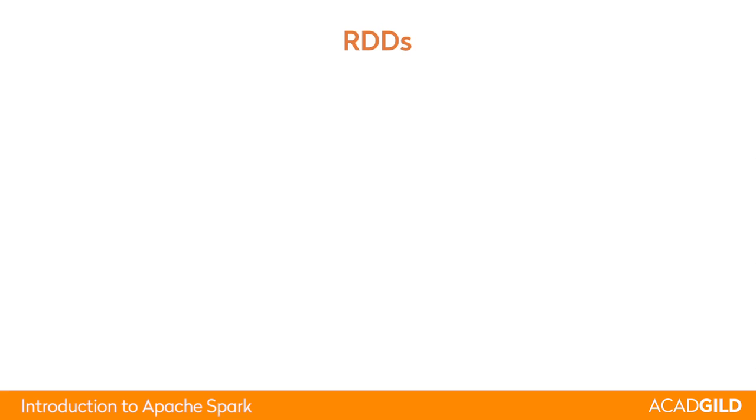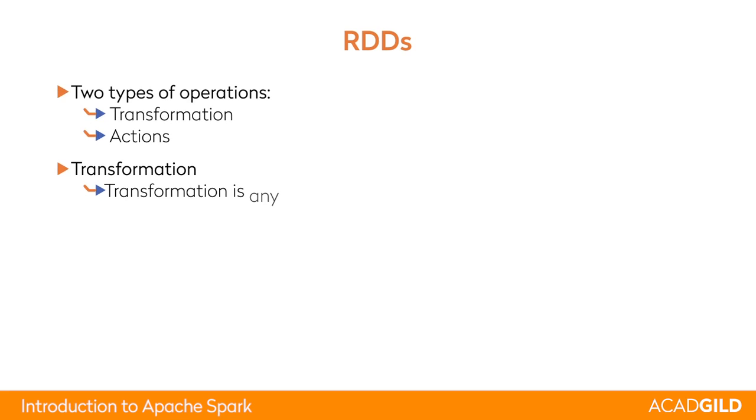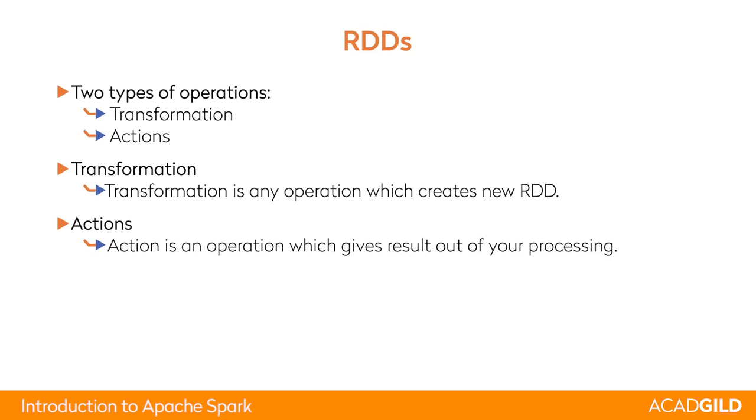When we talk about any operation on an RDD, they are of two categories. One is transformation and one is action. Transformation is any operation which creates a new RDD, whereas action is any operation which gives some result out of your processing. Let us take an example.